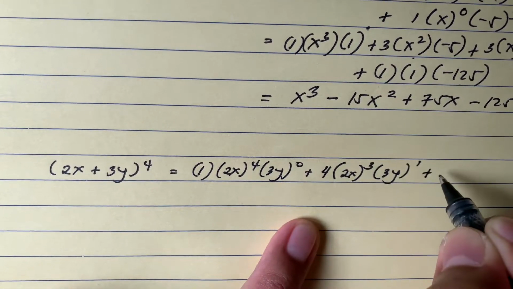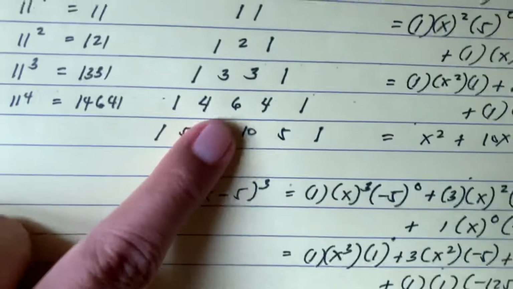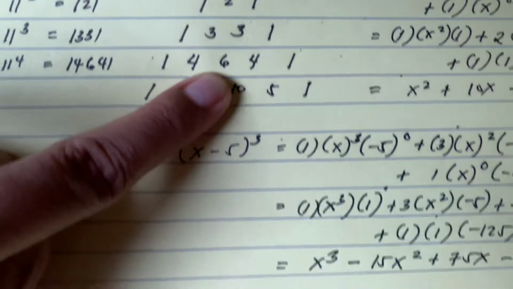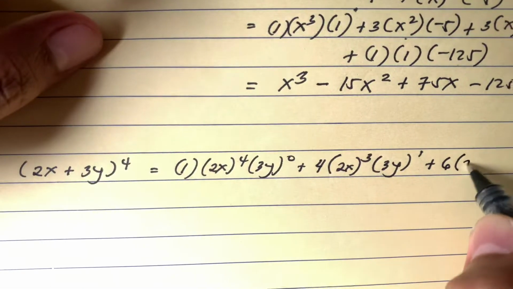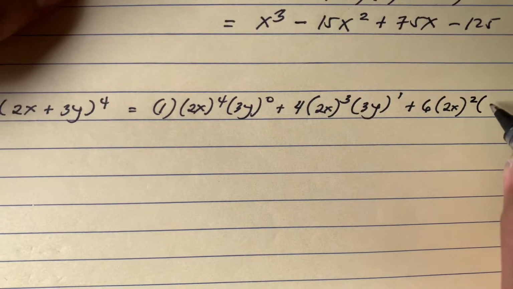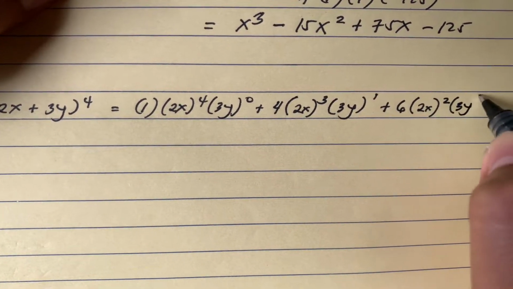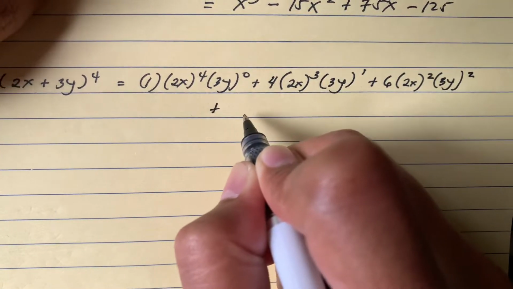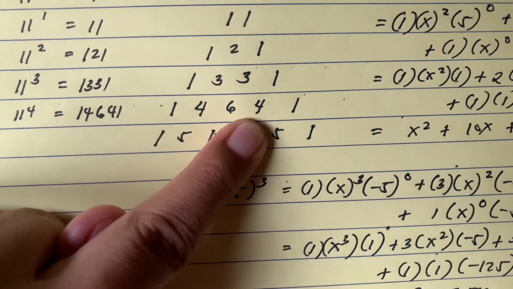Plus, again, we are going to use 6. This is the third coefficient. So we have 6 times your first term, 2x raised to the power of 2. Then we have your second term, 3y raised to the power of 2. Plus, we are going to use now your 4. That would be the fourth coefficient.